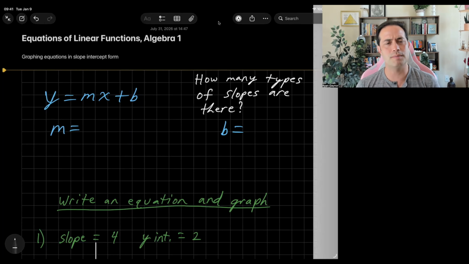Now, let's talk about what each letter means. The m is for the slope. So we write slope, and then we can put the formula. Now, the formula to find the slope looks like this.